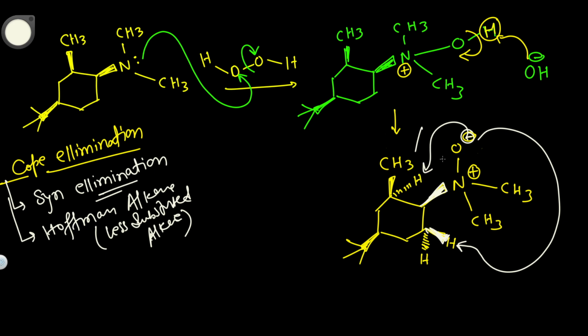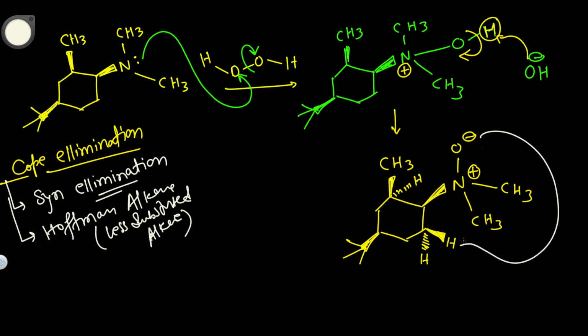So what is the correct method? This is the correct method. This O minus will take this proton. Now you will see what happens. See here, when this base takes the proton, this bond will break and this bond will shift onto the nitrogen, and now you will get an alkene, something like this.